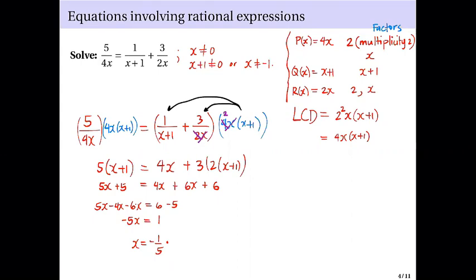So try to verify the solution by doing the checking part. Question. Okay, so let us do the next example.